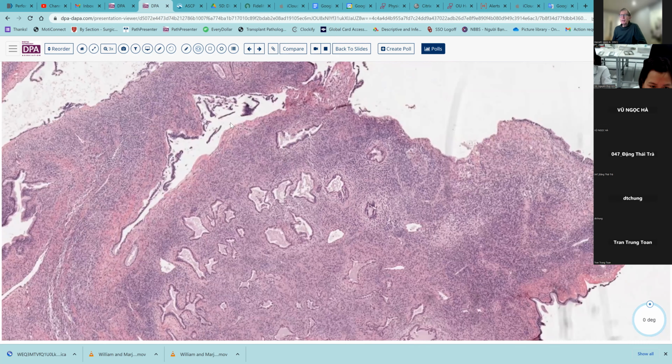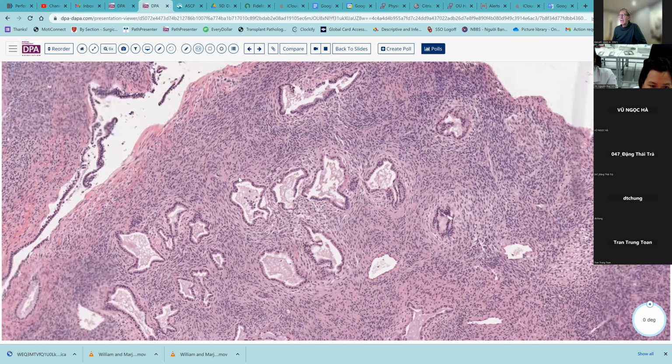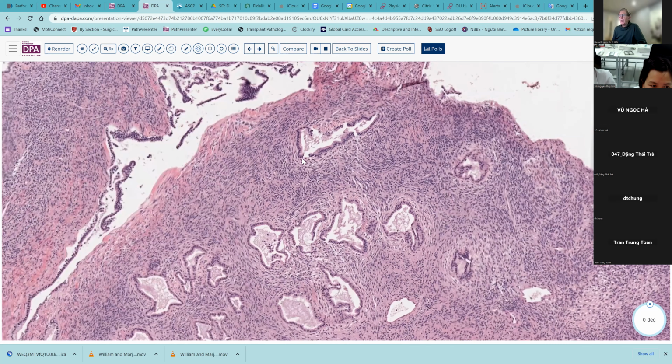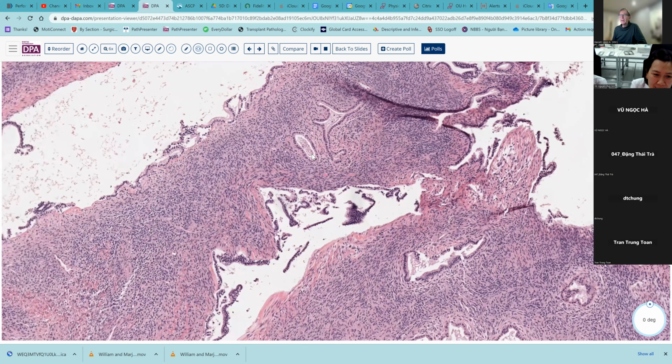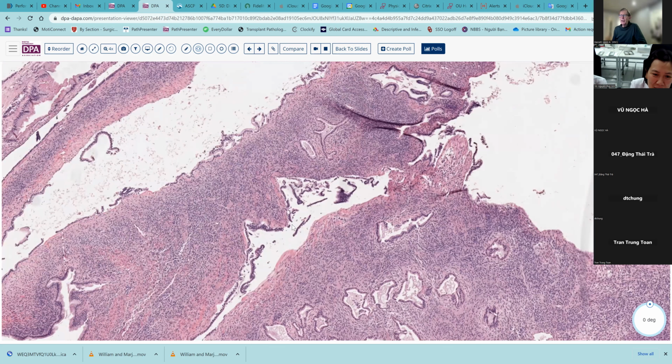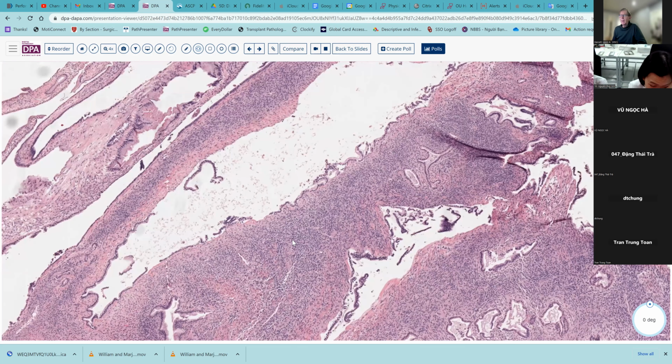Now, this is a potentially malignant lesion, and so you do have to look for evidence of dysplasia or atypia in these epithelial elements, and rarely you may get carcinomas that derive out of this. The stroma here usually is positive for hormone markers. That's a helpful feature.